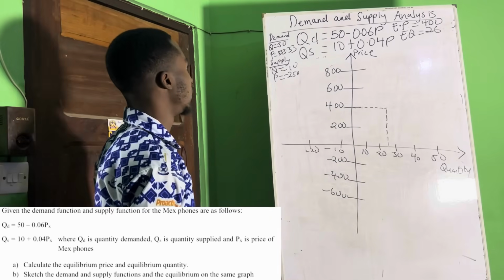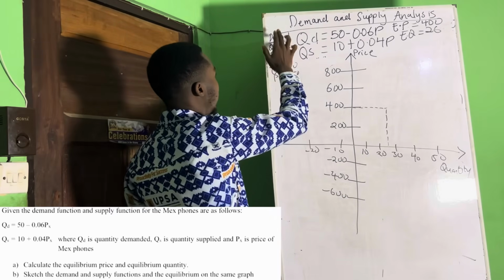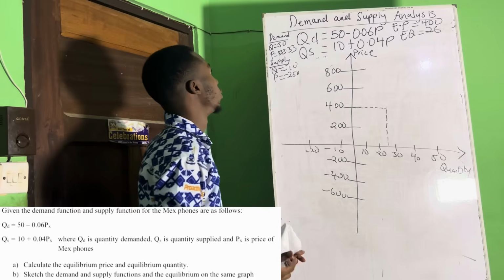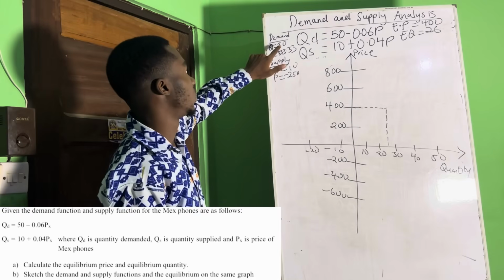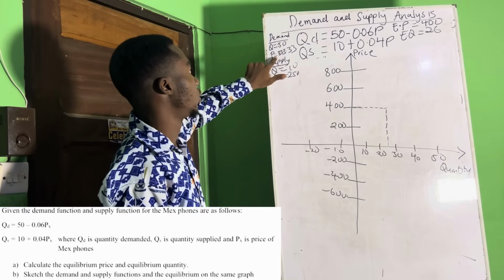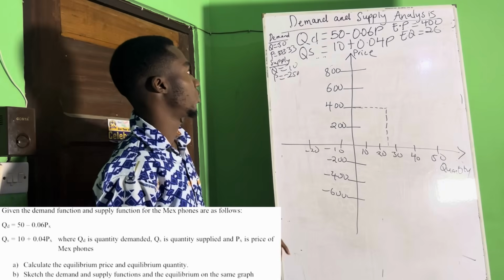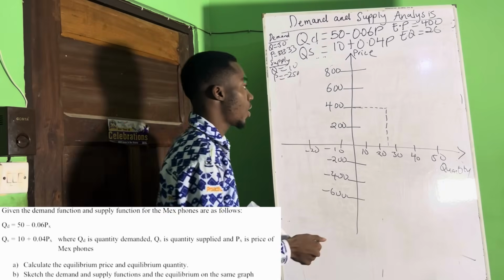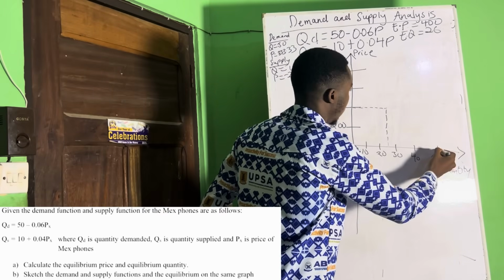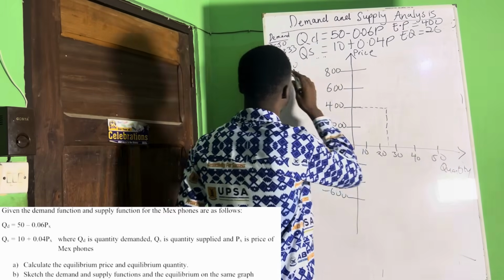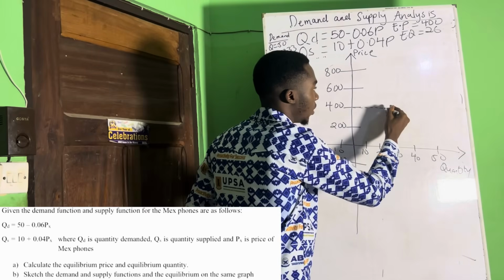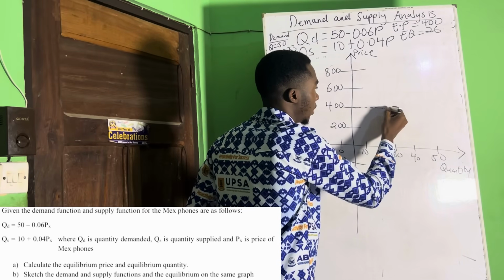So now we've done that. Now the second thing we do is to draw the values for the demand function. So for the demand function, we had quantity to be 50, we had price to be 833.33. So quantity is 50, then price, you have 833.33, and it always has to pass through the equilibrium point. Do you get it?